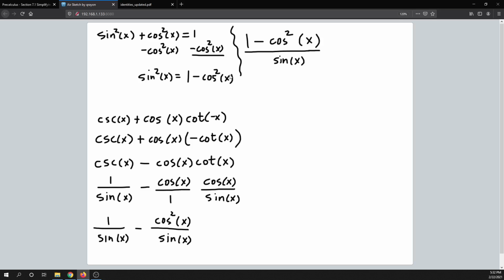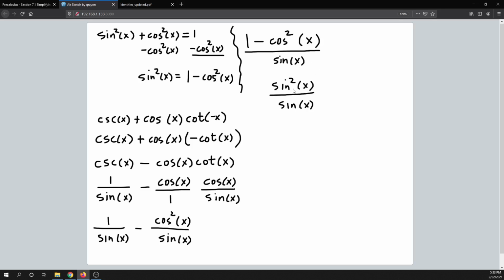And so what I can do now is, because 1 minus cosine squared is equal to sine squared, I can replace the 1 minus cosine squared on the top of the fraction with sine squared. Okay? And so that's what I've got. So again, that looks a little simpler than what I started with.